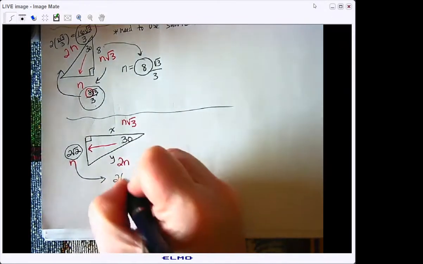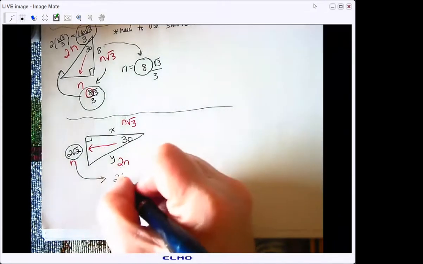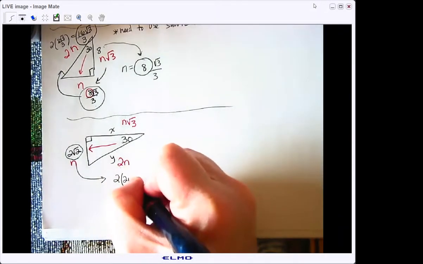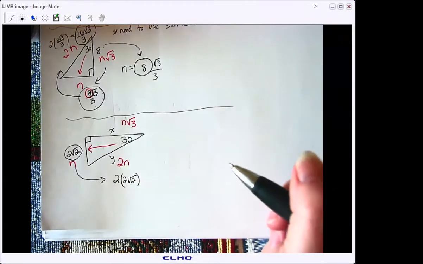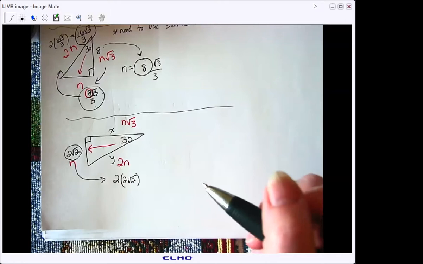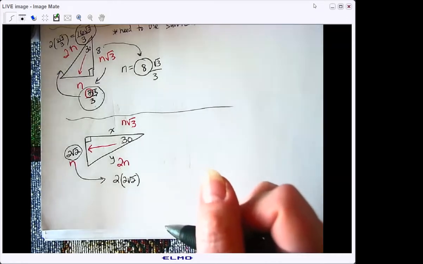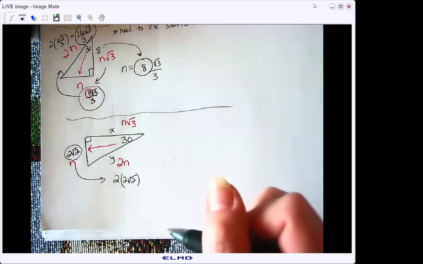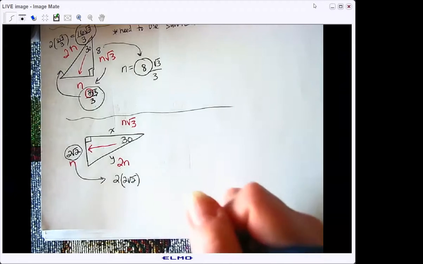I go 2 times. Now, this honestly takes 2 seconds, if even that, to write down. So 2, and then put the n, which is 2 root 2, and then simplify. I know many of you can do that in your head, but it makes it so much easier, and you'll be more confident that you know what the answer is because you wrote it down and you can see it.